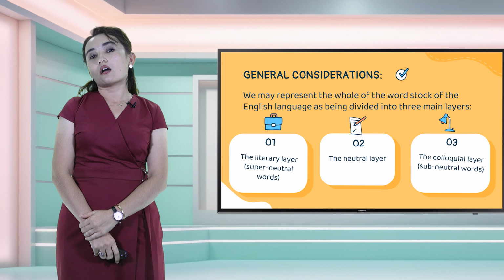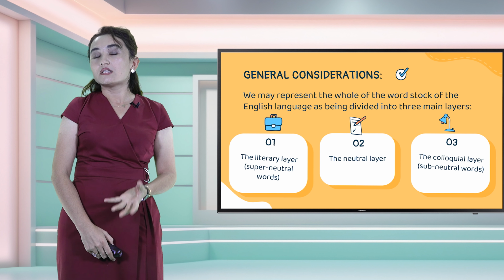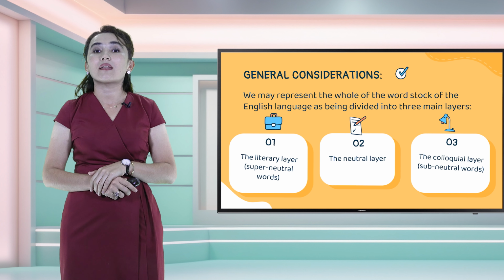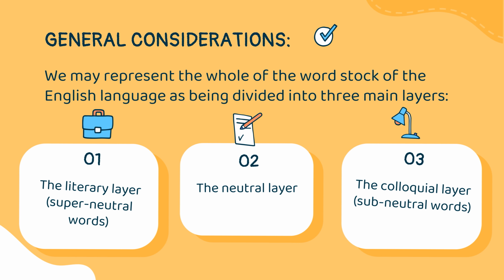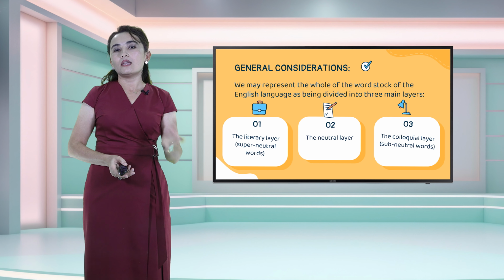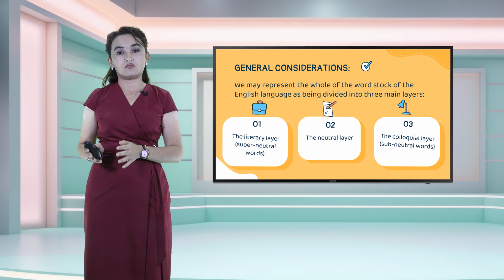So the word stock of a language can be represented as a system in which different aspects of words are singled out as interdependent. In accordance with the division of language into literary and colloquial, we may represent the whole word stock of the English language as being divided into three main layers.